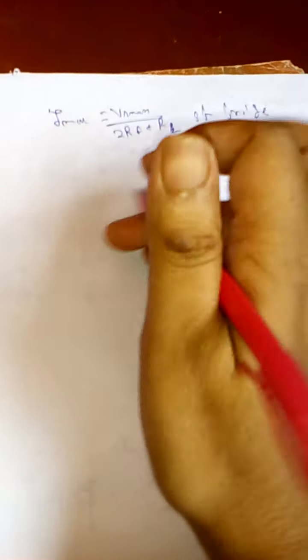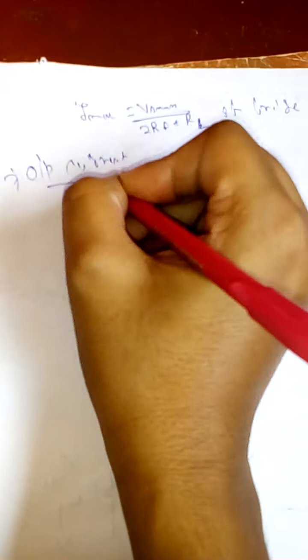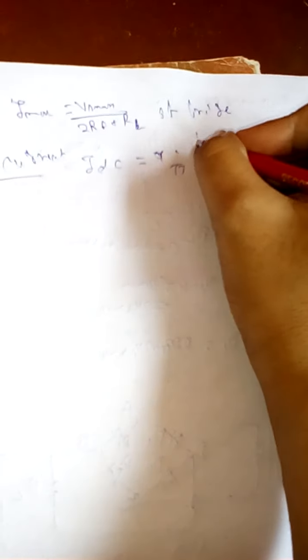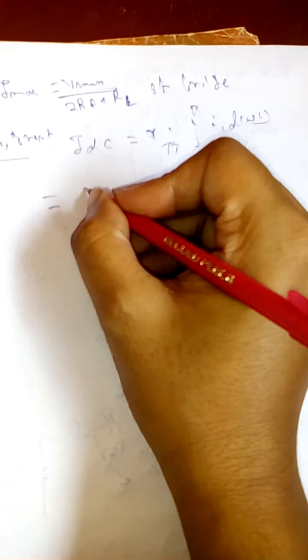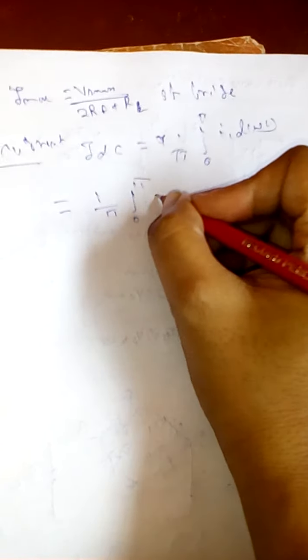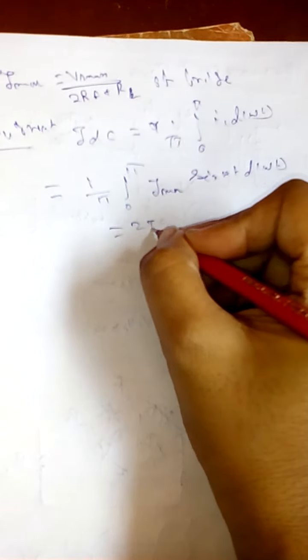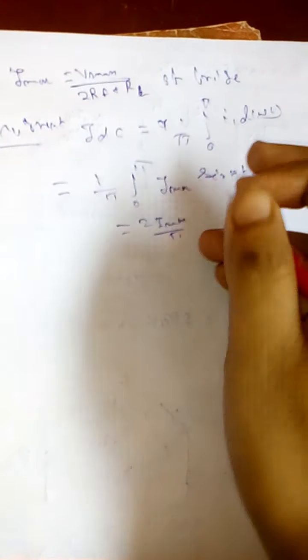Next, output current. IDC equal to 1 by pi, integral 0 to pi of I1 d omega t. So we get 1 by pi integral 0 to pi of I max sine omega t d omega t, equal to twice I max by pi.